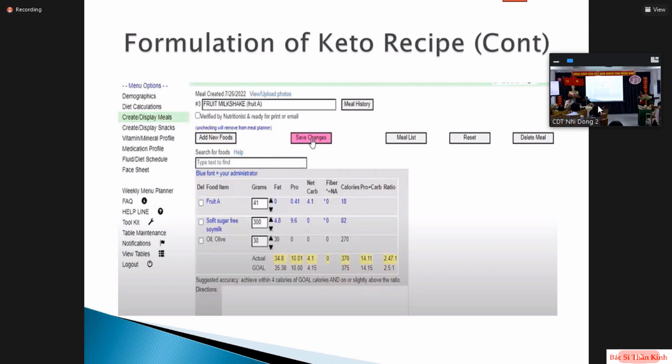Then fruit A, soya milk and oil. And then if you see the up and down button here, you just have to keep clicking on it till you get the goal. You have the goal values, which have already been given here, and you have to reach the actual values over here. So you just adjust the amounts as per the goal that is set for this particular patient, right? So this is much easier compared to the manual calculation.